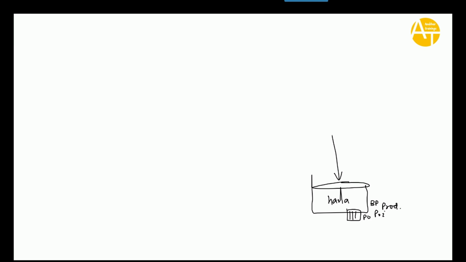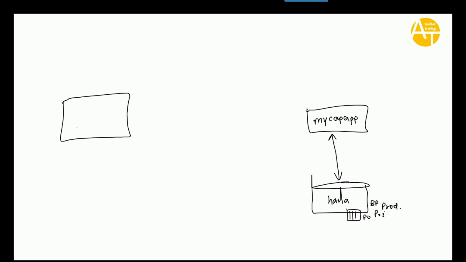On top of this, you had built a CAP application, which we call my CAP app, as part of even our training. And now what you can actually do is integrate with an AI tool, an AI agent.